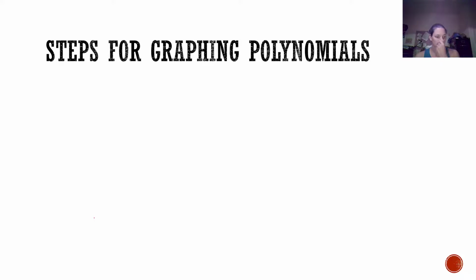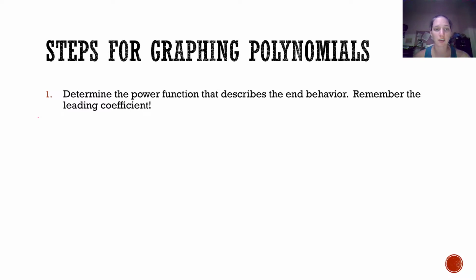All right. So as we go to do problems, the way to show me that you've actually learned what a polynomial is and how to deal with one is to work on graphing it. So to graph one, you have several steps. Determine the power function that describes the end behavior. Remember to use that leading coefficient, so that -1/2 matters a lot in that last example, right?